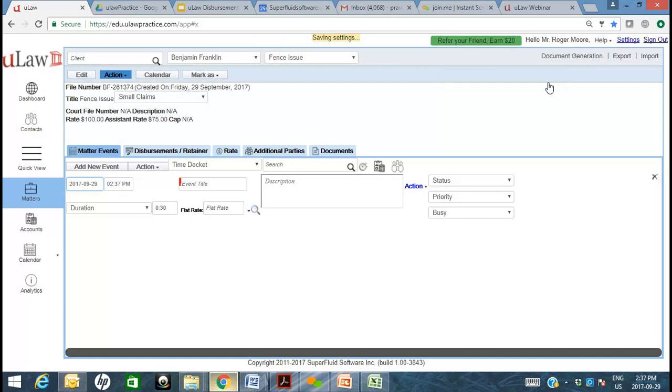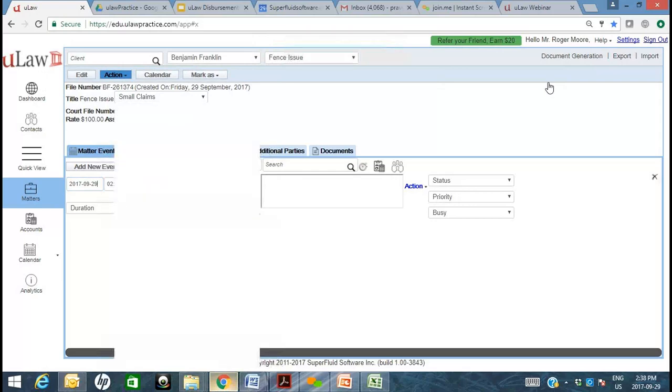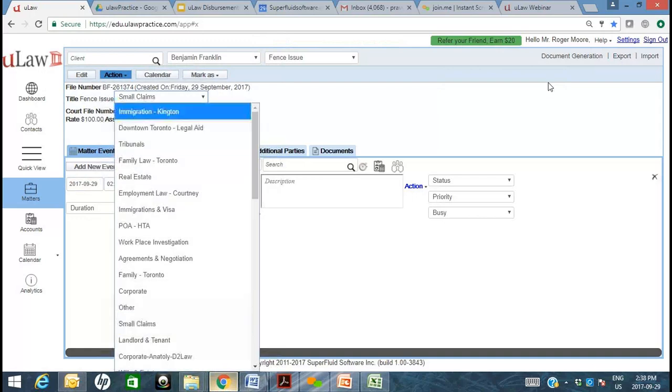Or maybe for the purposes of this demo, I just got this as feedback from my support staff, and this was highlighted in our previous demonstration. Let's consider a simple family law matter, because then I can showcase some of those general disbursements where there's a markup.